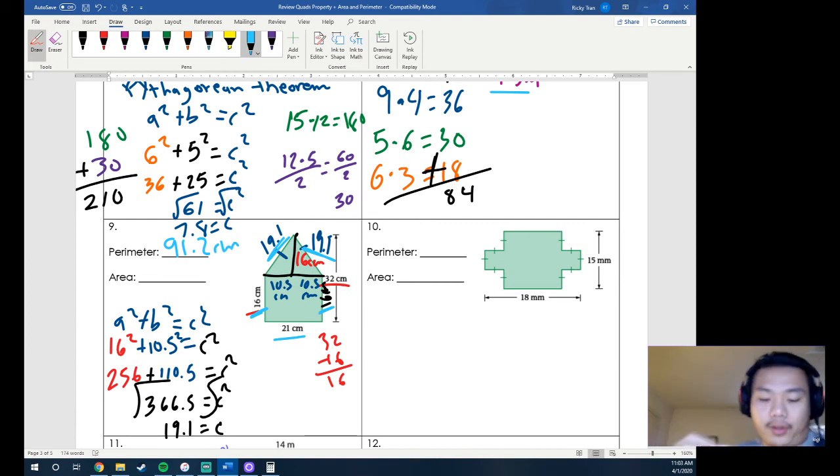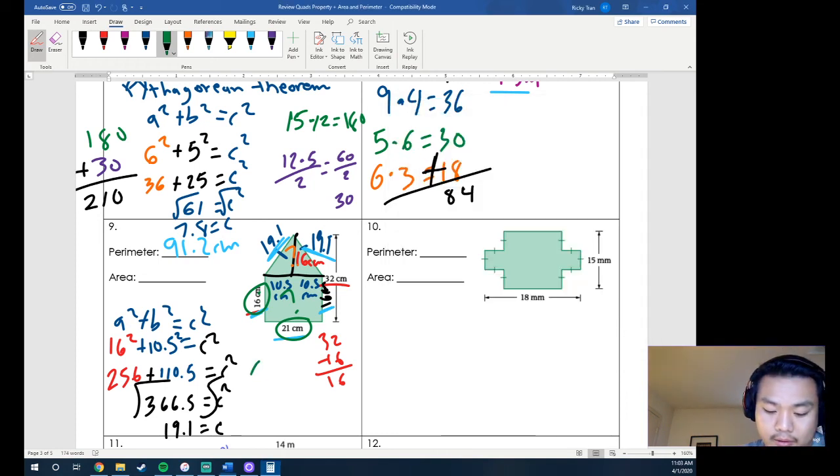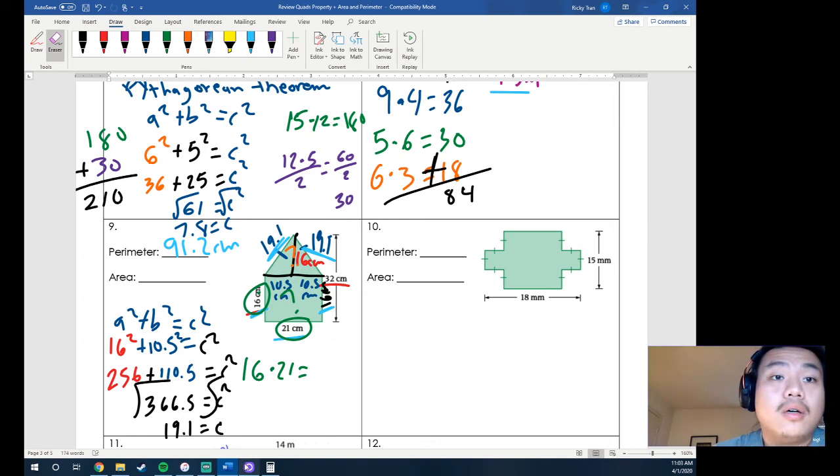Area, just like before, we're going to find the area of a triangle and area of this rectangle here. So for this, we need 16 times 21. 16 times 21 is equal to 336.